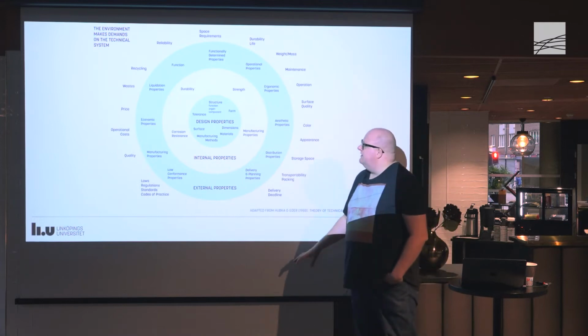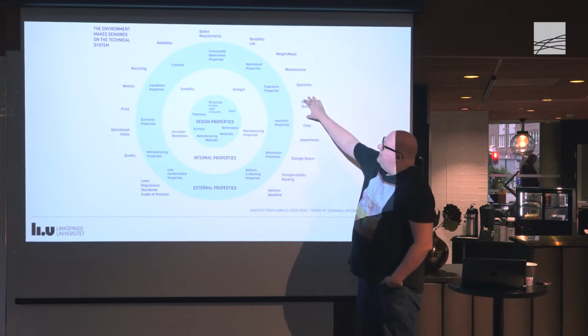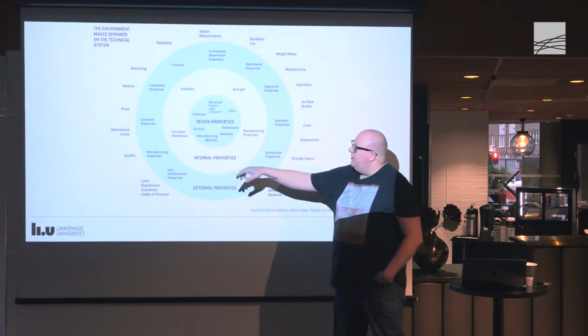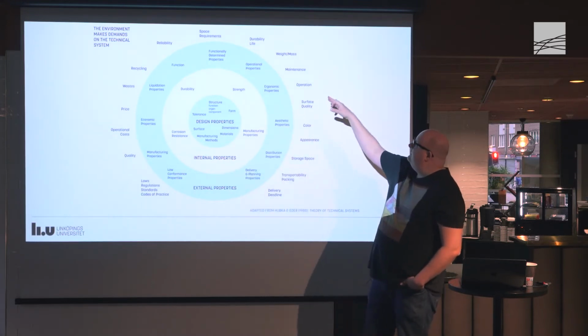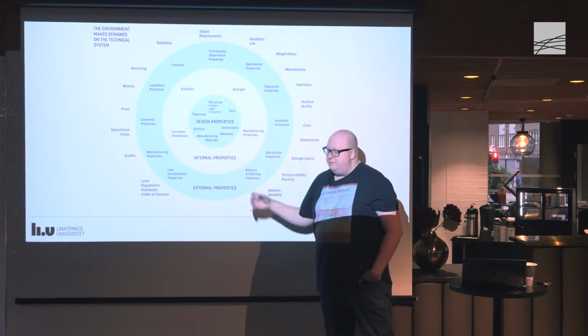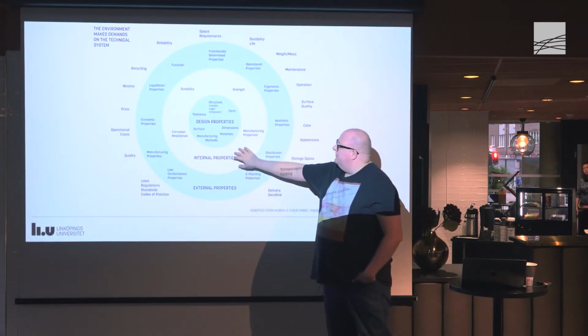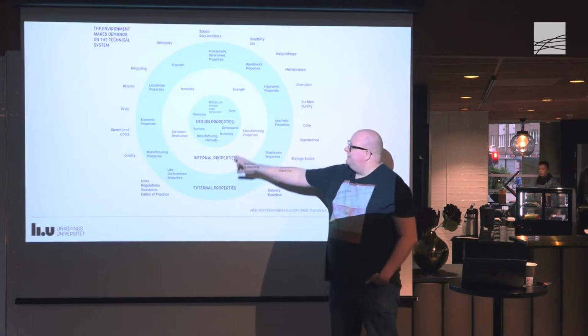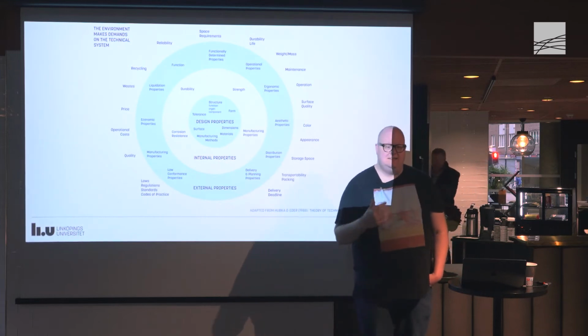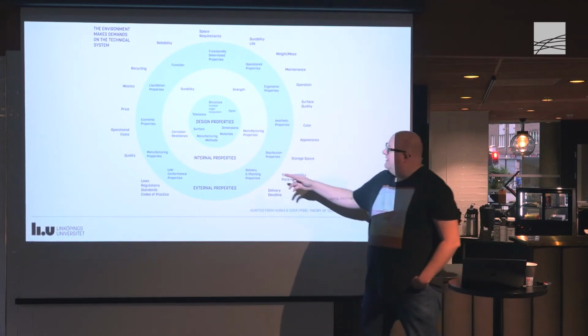You have a lot of environmental demands, everything from a delivery deadline to quality to recycling to maintenance. Then you have the external properties of the product, the internal properties of the product, and then the design properties. This is what you can actually work with as a design engineer or an engineer.